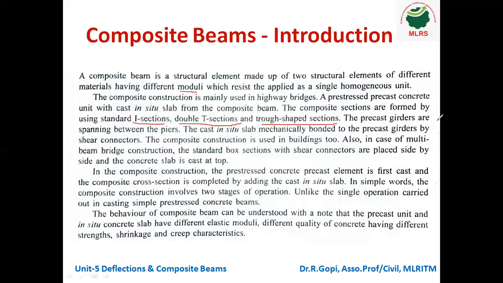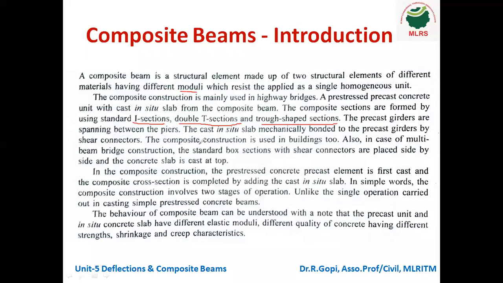The precast girders are spanning between the piers. The cast in situ slab is mechanically bonded to the precast girders by shear connectors. Shear connectors are the major element to connect the precast prestressed member and the cast in situ member.